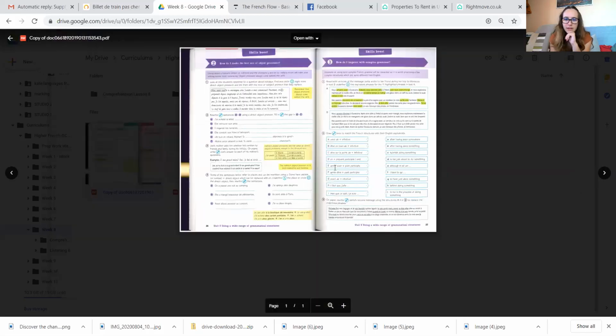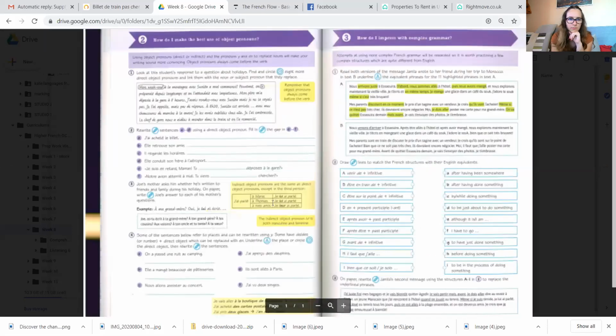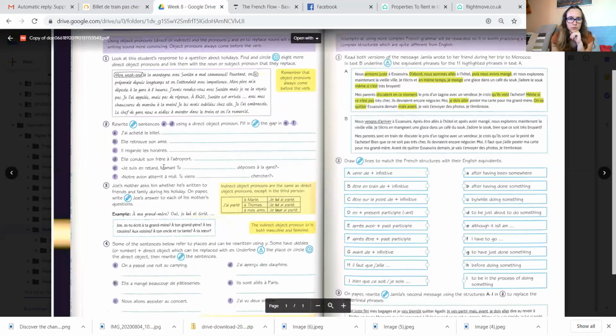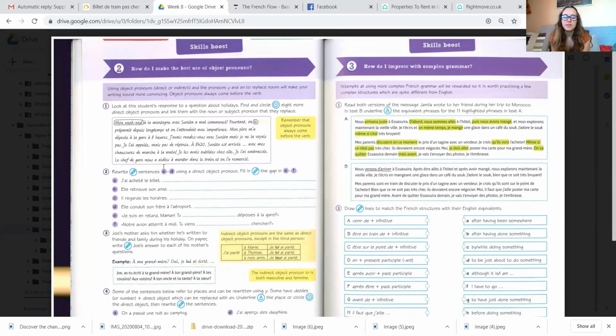So our second page that I was going to load, there we are. Right. Unit 2 is about object pronouns. So here again, object pronouns, still pronouns. That's basically what we've done in the lesson on pronouns last Thursday.